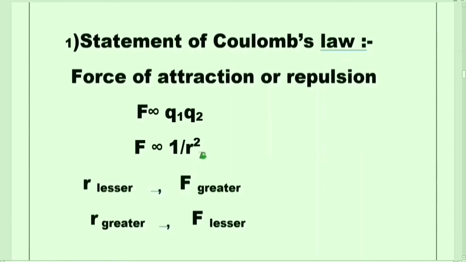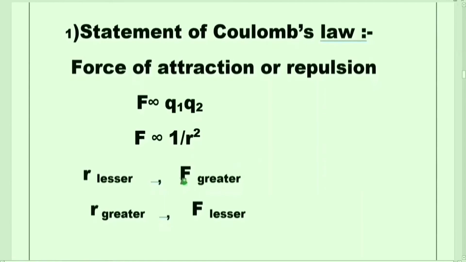From the expression, we see that F is inversely proportional to r square. That is, lesser the distance between the point charges, greater the attractive or repulsive force. And greater the distance between the point charges, lesser the attractive or repulsive force.